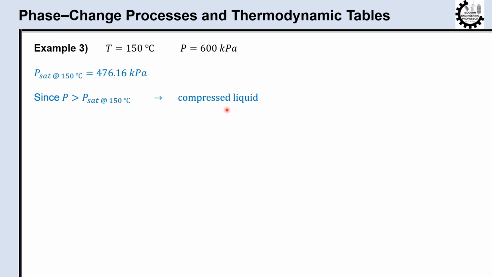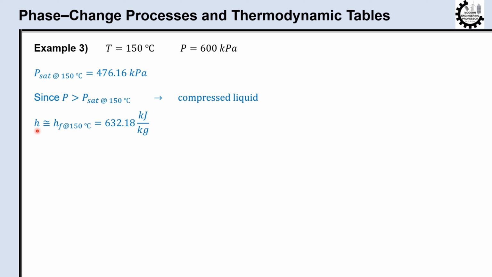The compressed liquid tables for water start at 5 megapascals, so we can't use the table. As discussed earlier in this lesson, in the absence of compressed liquid data, a general approximation is to treat compressed liquid as a saturated liquid at the given temperature.